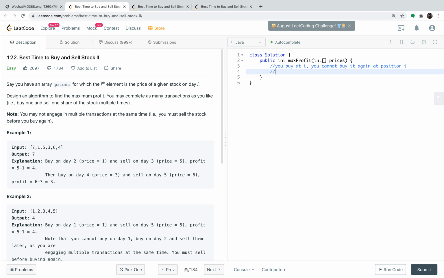But you can sell one stock at i and then buy one at i. That's the meaning of you must sell the stock before you buy again.